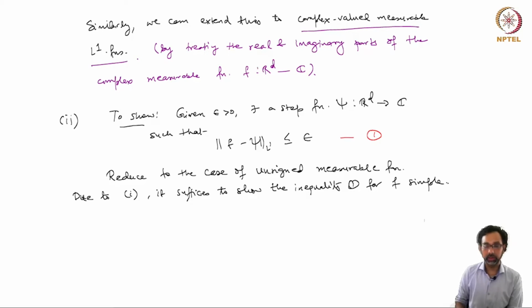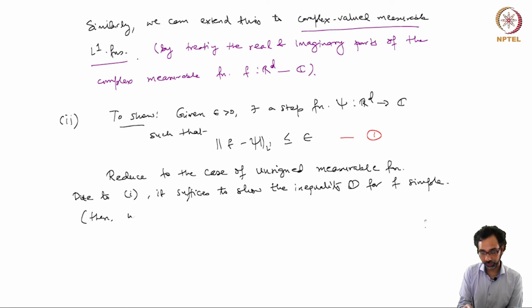If you have a simple function, and if you show that there exists a step function which is close to a simple function, then we can deduce it for any unsigned measurable function because of the first part.